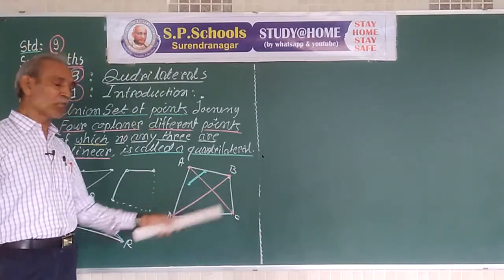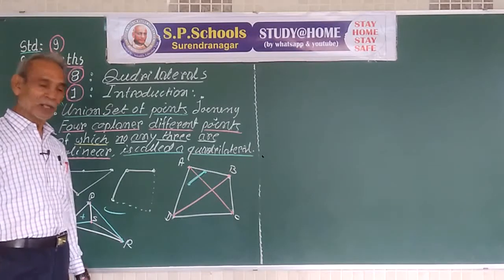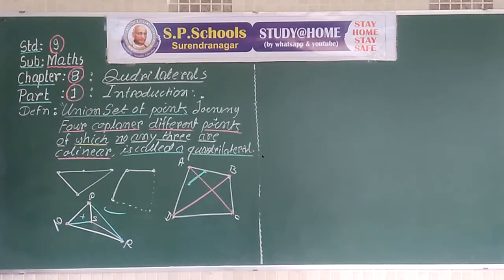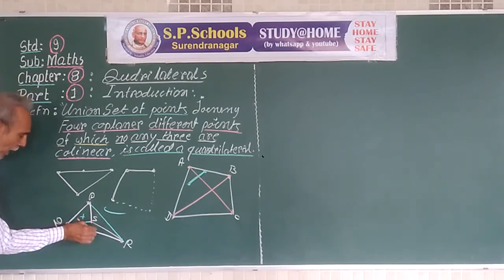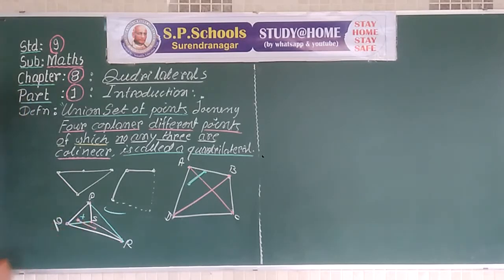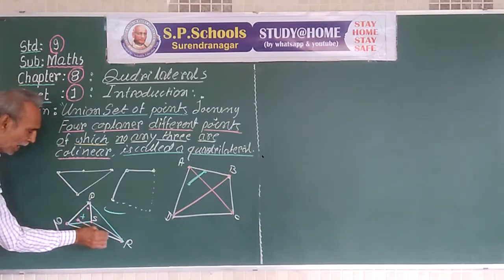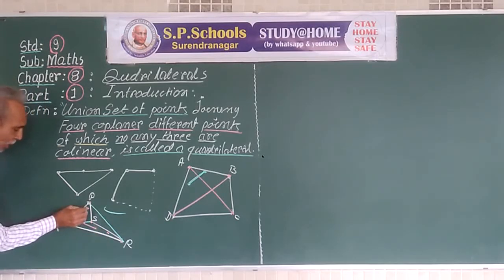Any 2 points you can select. Whereas here in this case, if we select 2 such points like this, perhaps it may so happen that the line segment lies in the interior, but you are at liberty to select any 2 points. Suppose you select this point and this point here and join them.